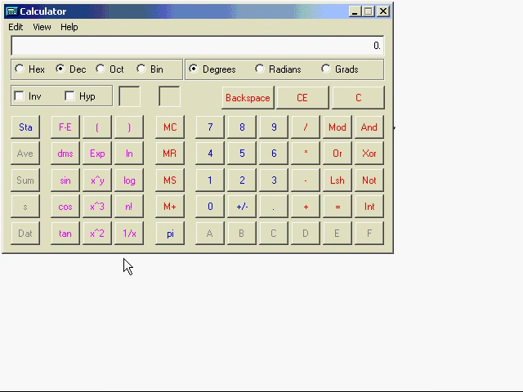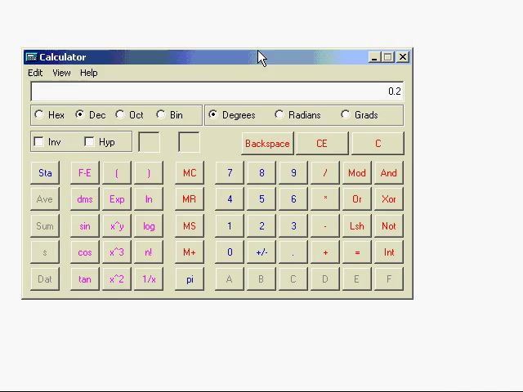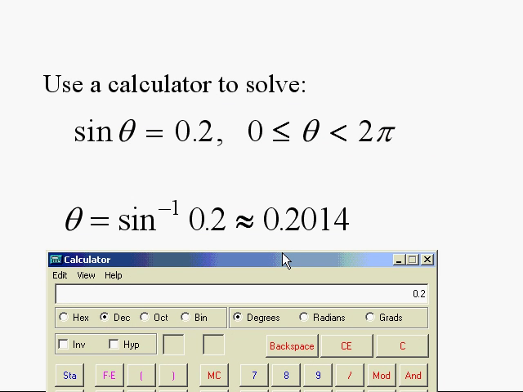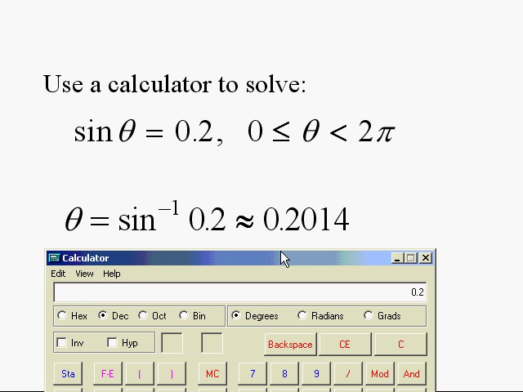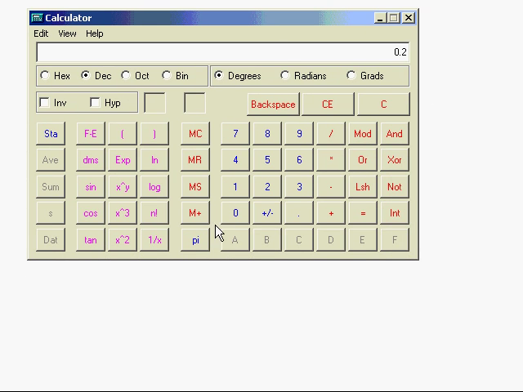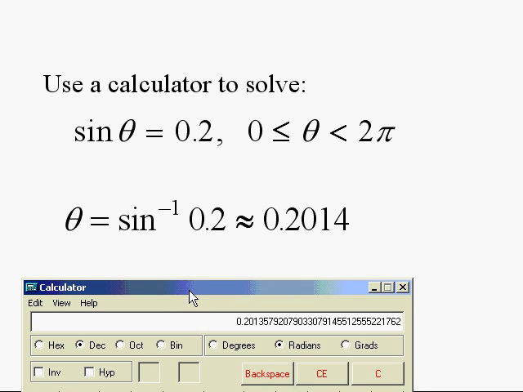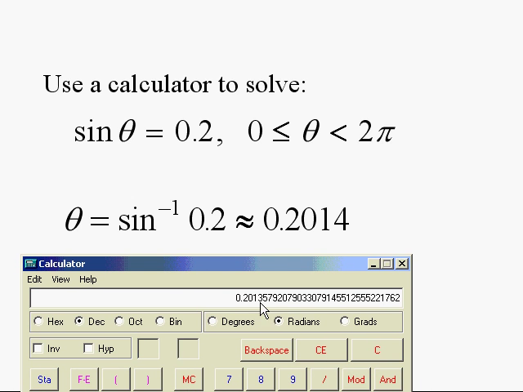You've been here before, so on the calculator, what we're interested in is 0.2 as a value for an angle whose sine is 0.2. So 0.2, and we'll do it in radians. Keep track of inverse sine. This number, 0.201357, I show it here as 0.2014.